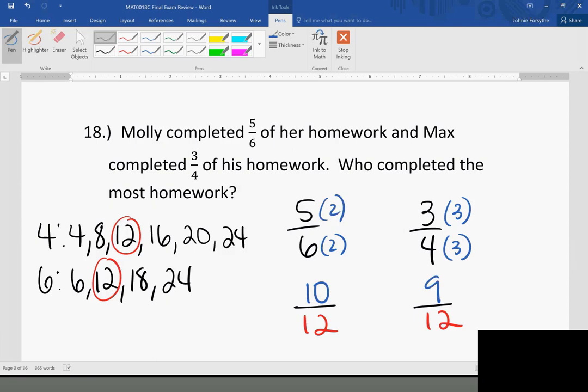Now I can compare these fractions better because they have a common denominator. So 10/12 is greater than 9/12. Therefore, 5/6 is greater than 3/4. And if the question is who completed the most homework, Molly completed 5/6 of her homework, so the answer would be Molly, because Molly was greater than Max.